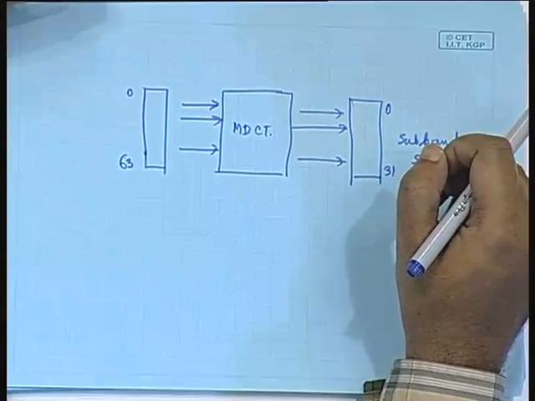So, this is a critically sampled system. For every 32 inputs we are getting 32 outputs. And this is the polyphase filter implementation.